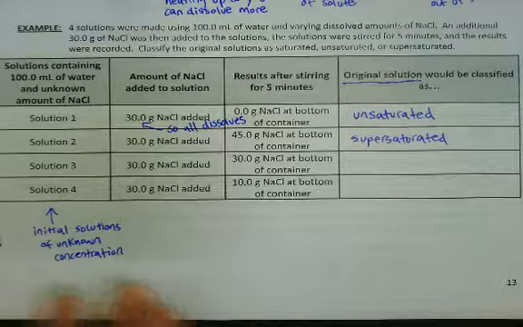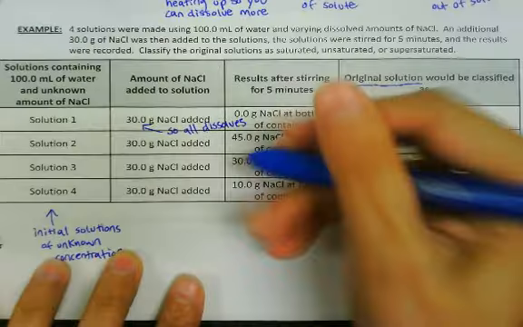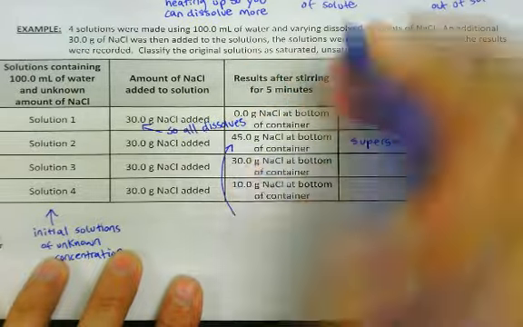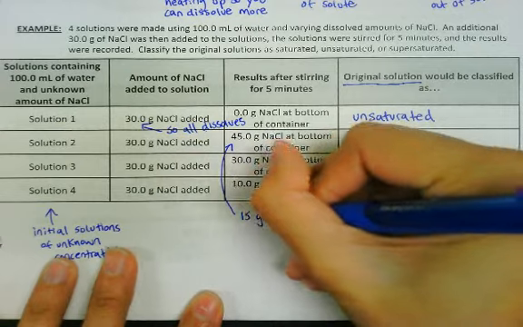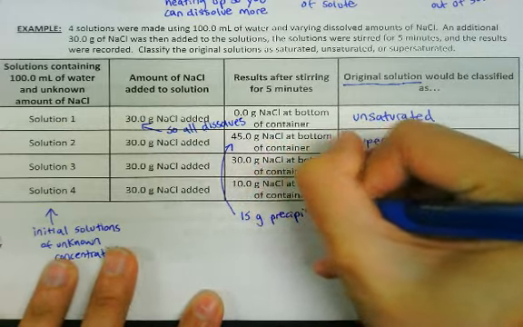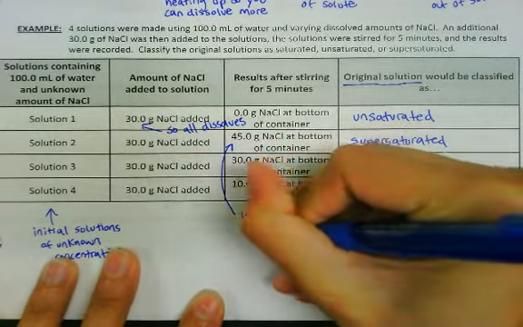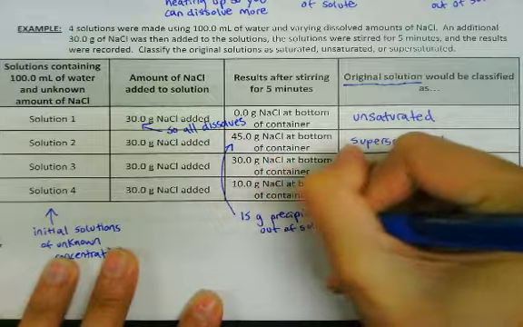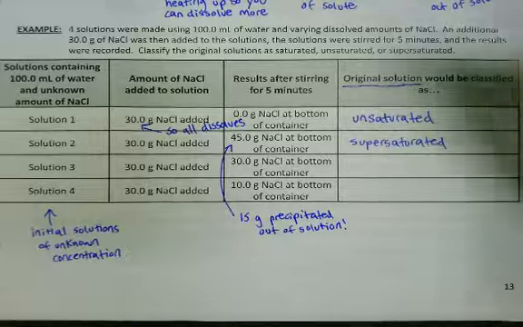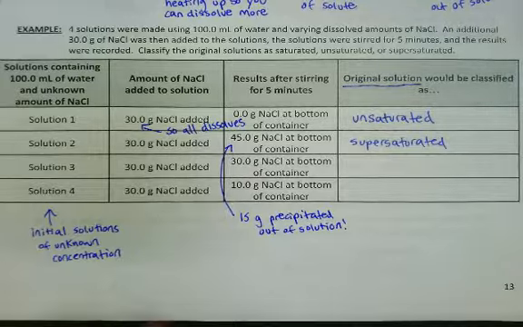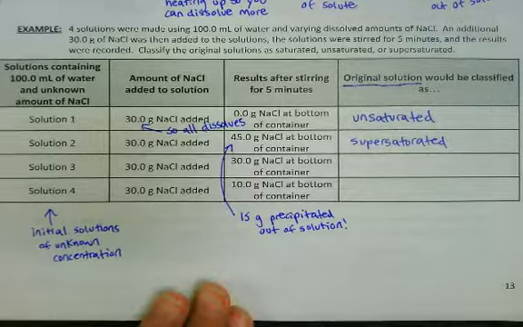There was more at the bottom than when we started, exactly. How much more at the bottom was there? 15 grams. 15 grams must have precipitated out of our solution, right? So we know that this was supersaturated. We know we disrupted it, and we knocked out 15 grams extra.